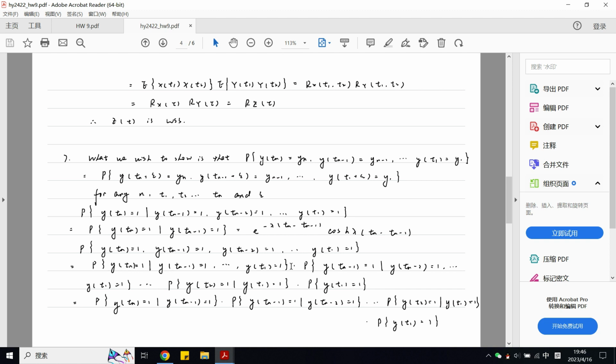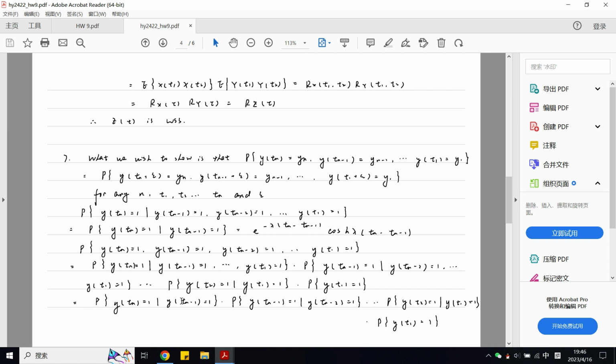Which equals the probability that Y(t_n) equals 1 given Y(t_{n-1}) equals 1 and Y(t_1) equals 1, times the probability that Y(t_{n-1}) equals 1 given Y(t_{n-2}) equals 1, times the probability that Y(t_2) equals 1 given Y(t_1) equals 1, and finally times the probability that Y(t_1) equals 1. Which uses the Bayes rule.